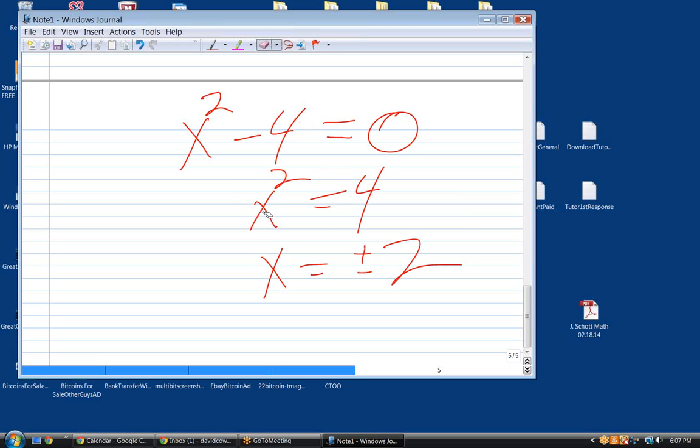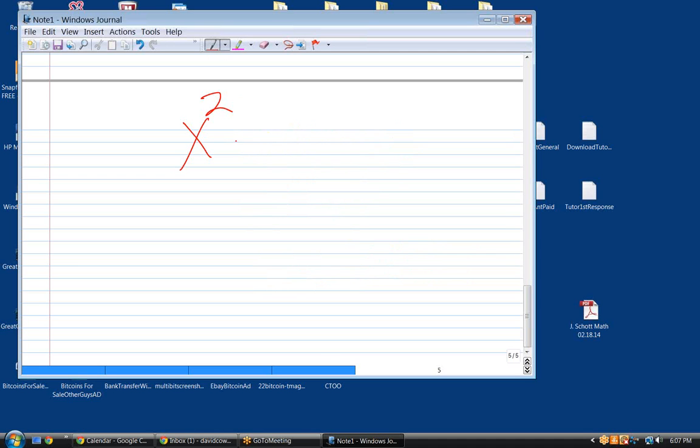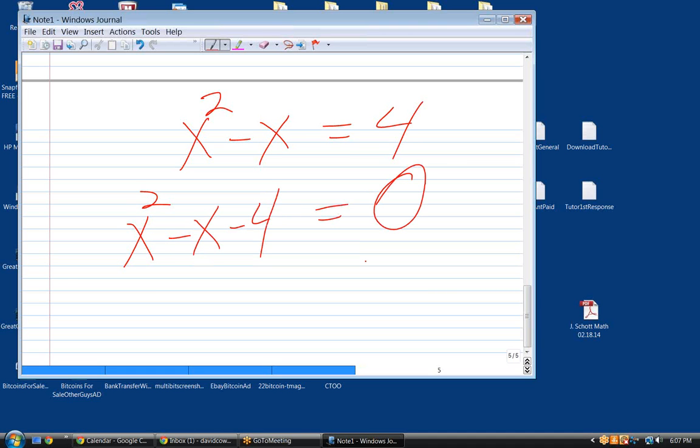But the moment I put an x term in there, I cannot solve it that way. I now have x squared, x, and a constant. I have to put everything on one side, put 0 on the other side. Now I can solve it.